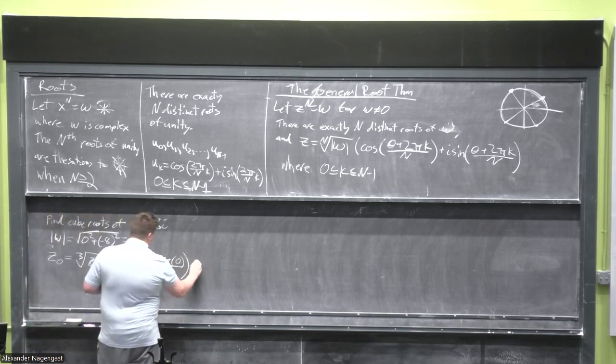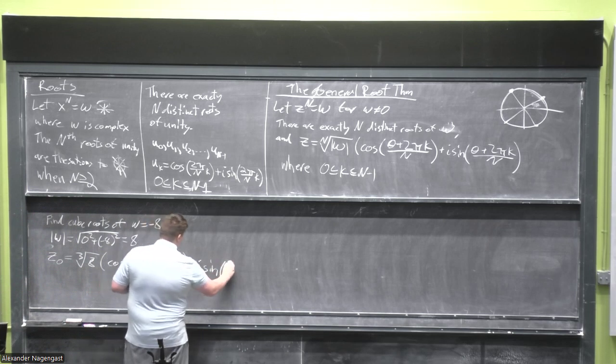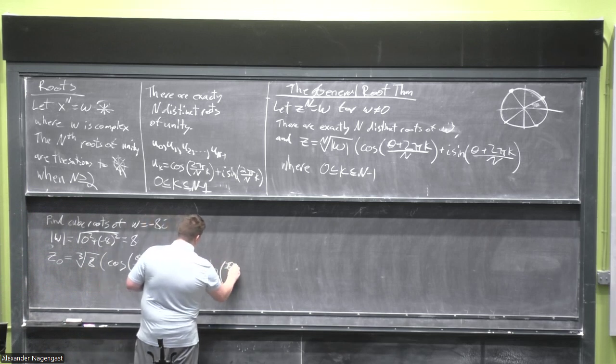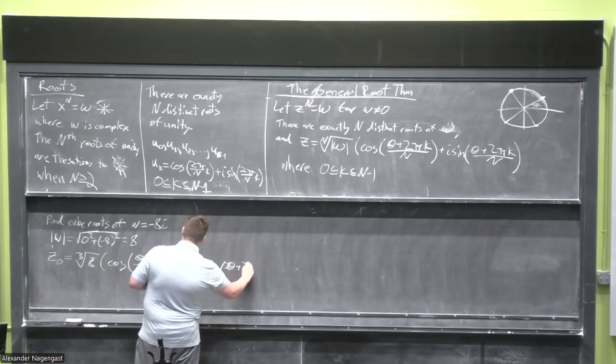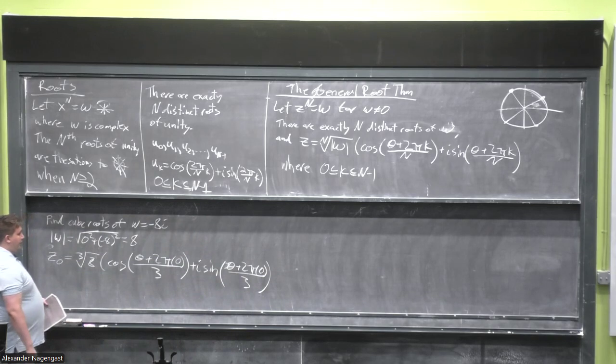And we want to add I sine of theta plus 2 pi times 0 all over 3. So that's our z naught.